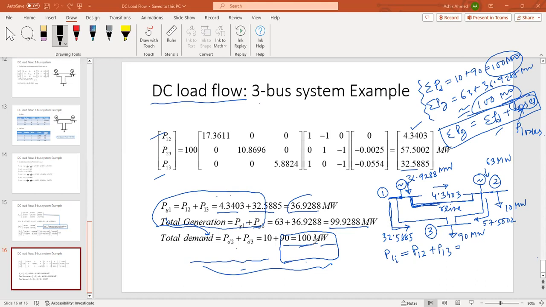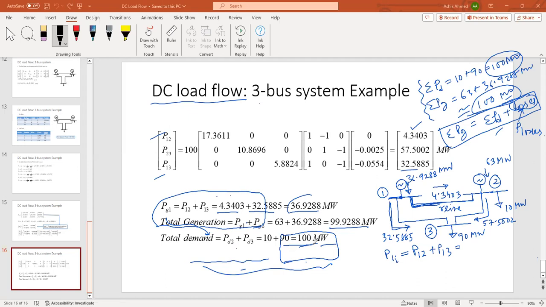Okay, so thank you very much. In the next class, we will again continue where we left. We started from the DC OPF slide, and we deviated our discussion from that point because the knowledge of DC load flow will be required at some portion of the discussion in the DC OPF problem.